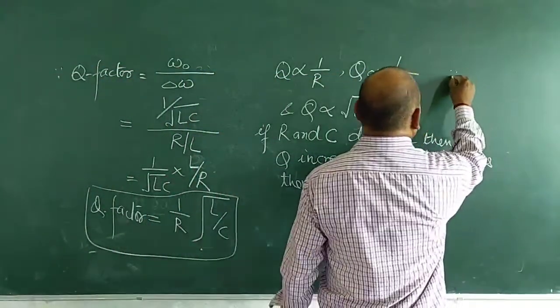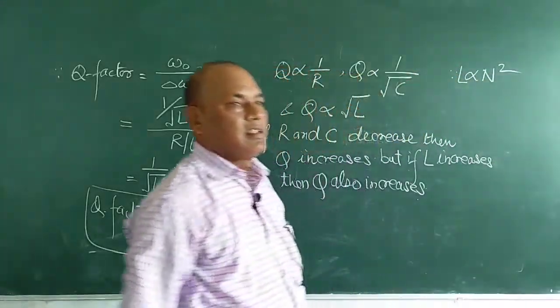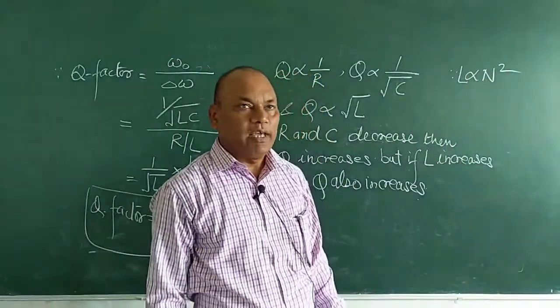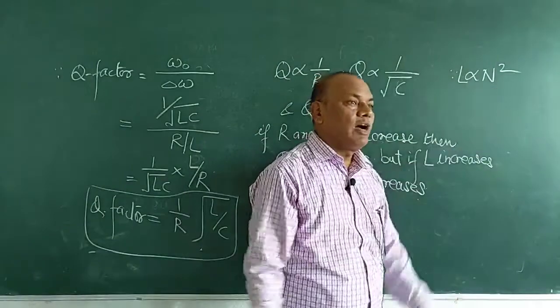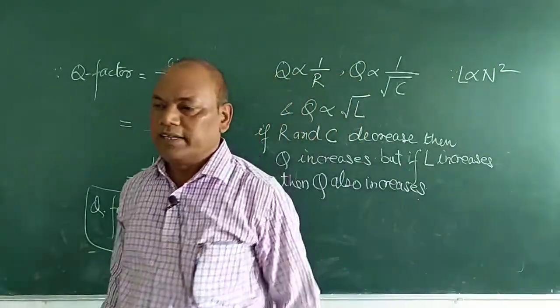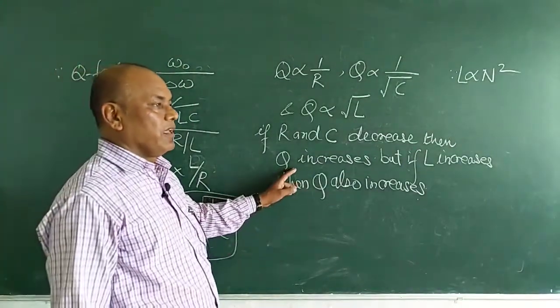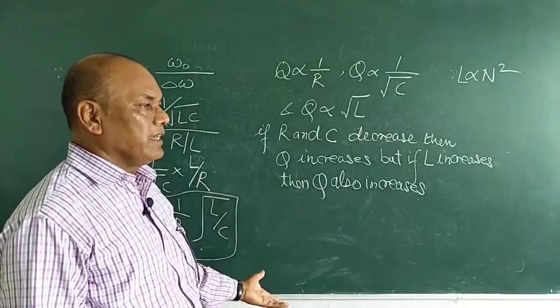Since L is proportional to N square, the value of L depends on the number of turns in the coil. So by increasing the number of turns in the coil used in the LCR circuit, we can increase the quality factor. And if the quality factor increases, then you know that the bandwidth decreases.